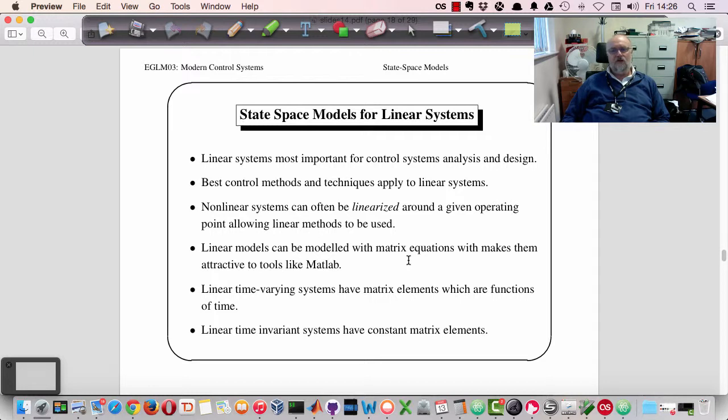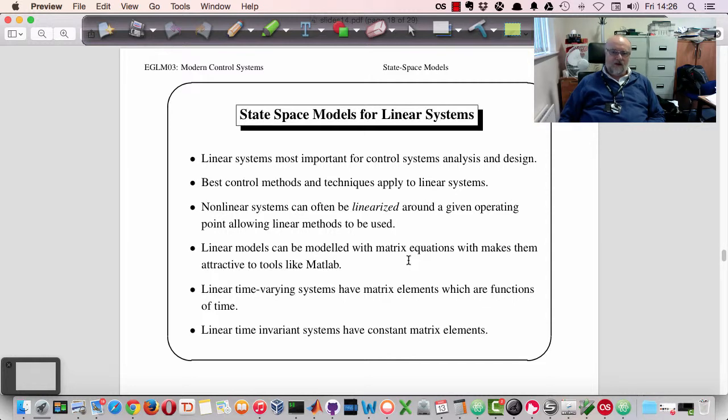For linear systems, which are what concern us most on this course, we can use control methods that work quite well. If we have a nonlinear system, we can often linearize the system around a given operating point to allow us to use linear methods. This is essentially what's happening when you do linmod, or you use a linearization tool in Simulink.